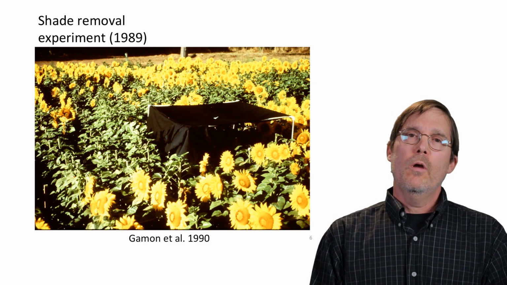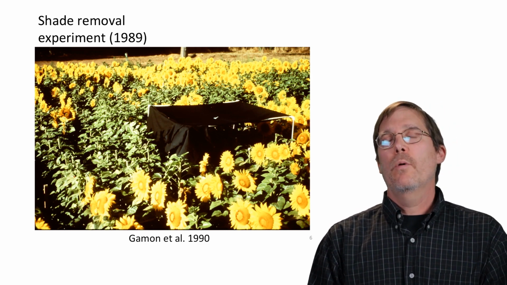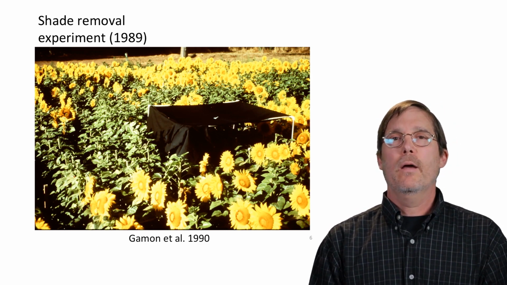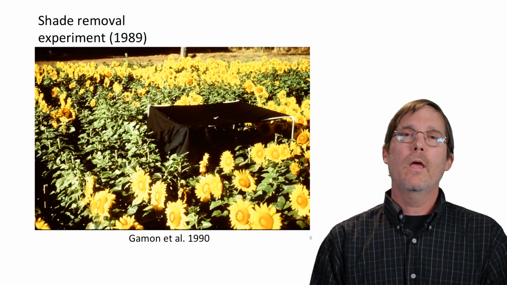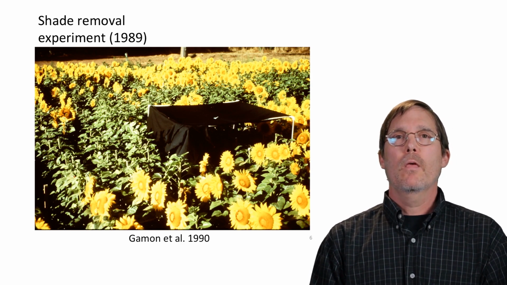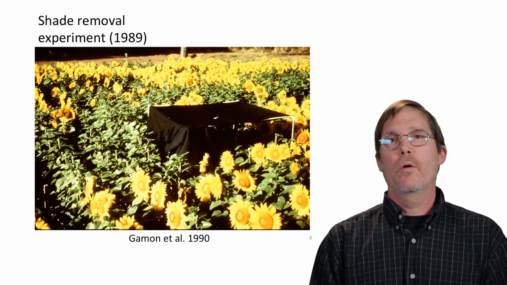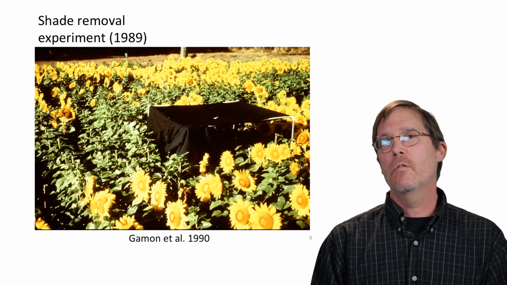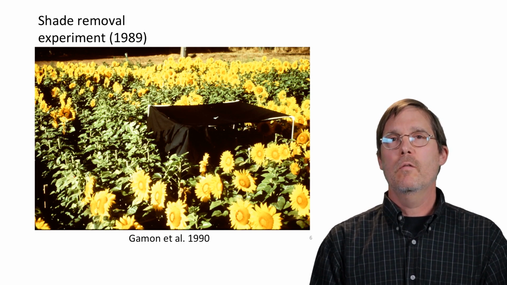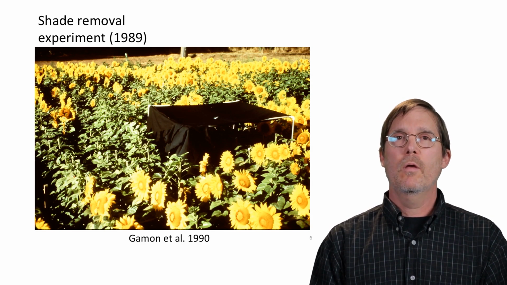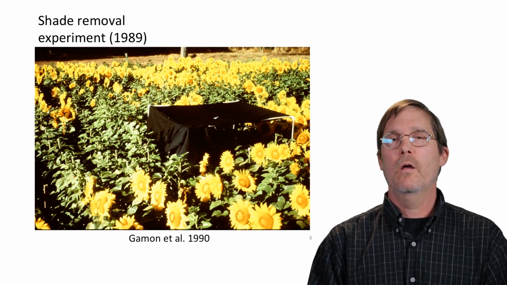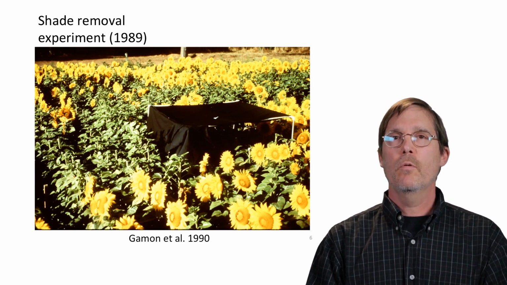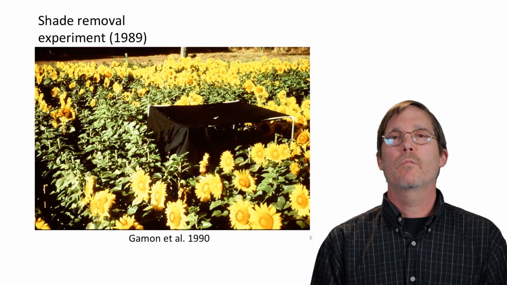So the story of PRI really began with some experiments back in the late 80s, a shade removal experiment with sunflower. It was known at the time that the xanthophyll cycle existed, and since these are pigments, it seemed likely that if you could expose a canopy to high light abruptly, you should be able to see a change in the reflectance spectrum.